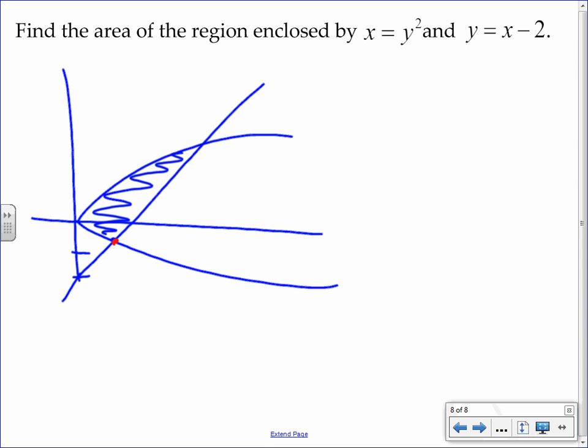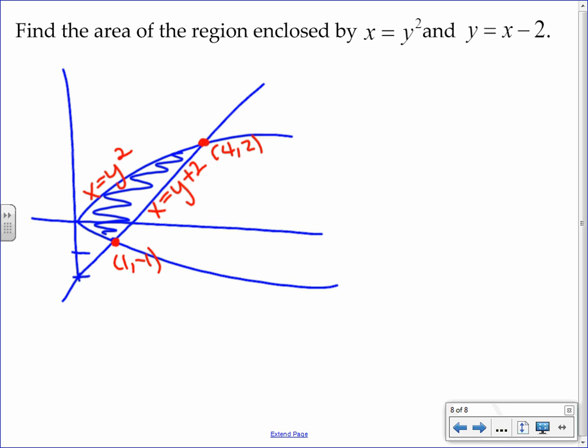This was 1, -1, right? And this was 4, 2. Now, we want our functions in terms of y. So instead of y equals x plus 2, what would we need to write it as? This is the function x equals y plus 2. Now this function we already have in terms of y. X equals y squared.